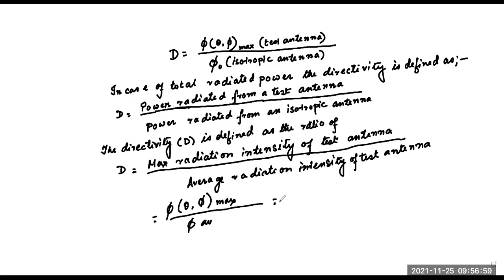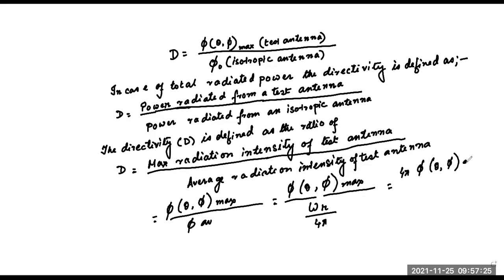That is equal to phi of theta comma phi max by W_R bar by 4 pi. That is equal to 4 pi phi of theta comma phi max by W_R.